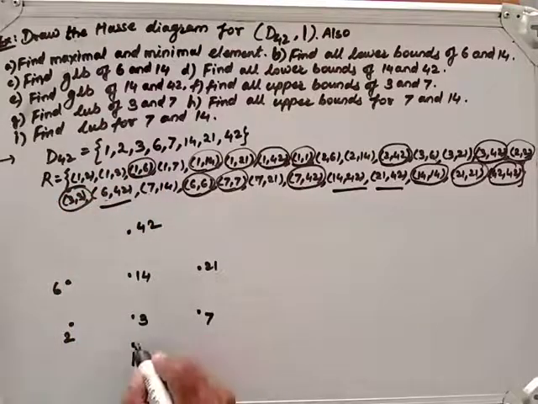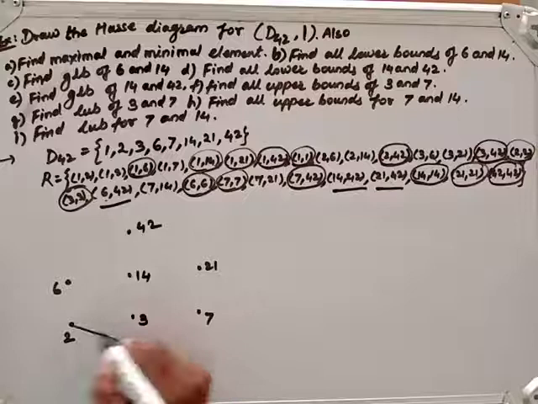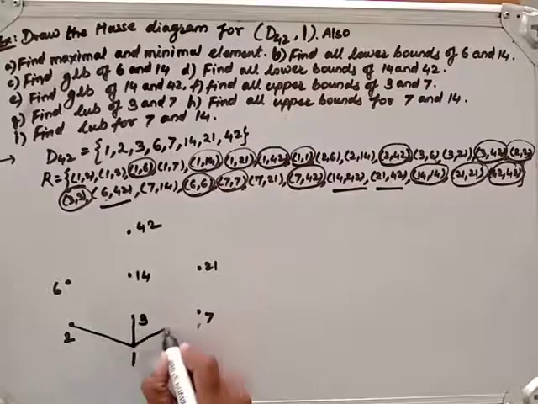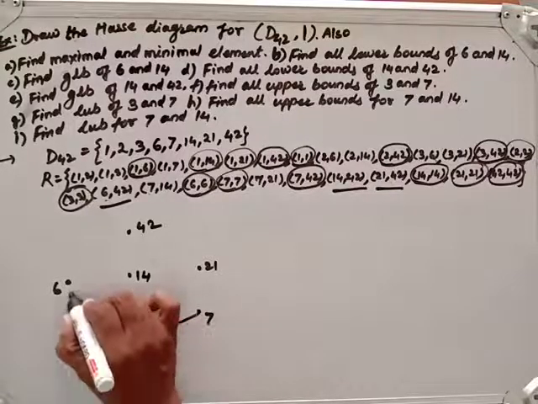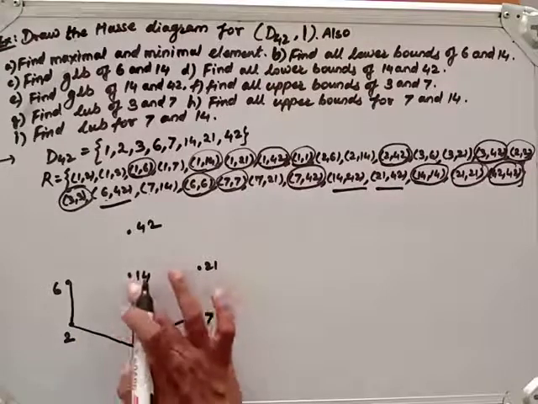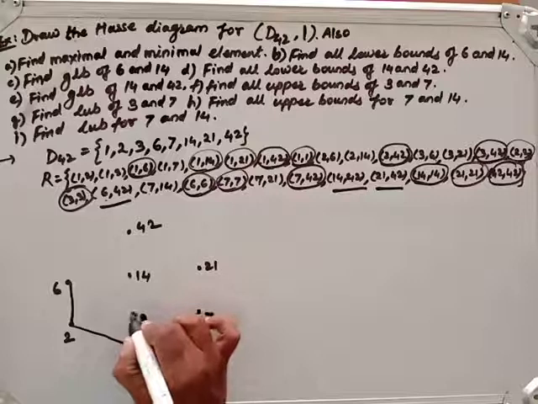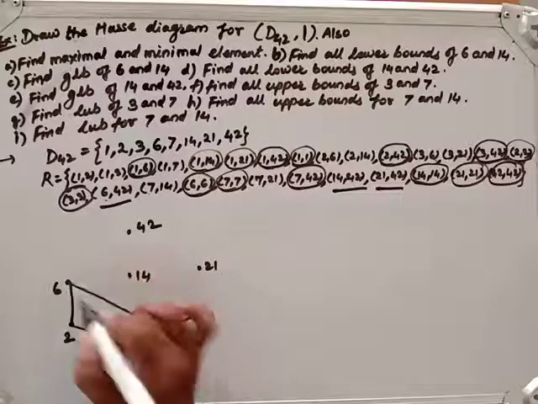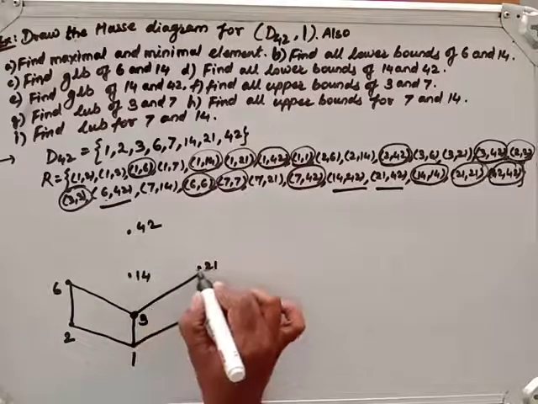Fine. Now 1 related to 2, 1 related to 3, 1 related to 7, 2 related to 6, 2 related to 14. Sorry, 3 related to whom? 3 related to 6, 3 related to 21.